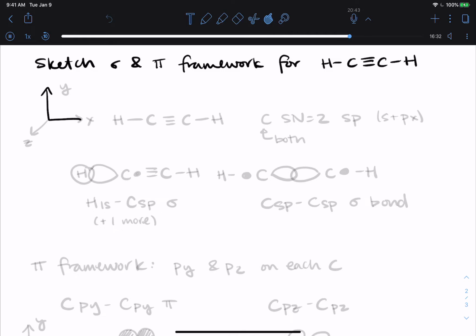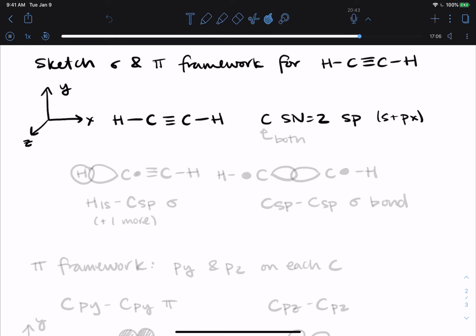If I put my molecule on my axis system, everything is along the x-axis for my sigma bonds. So on each carbon, both carbons have a steric number of 2. So I'm going to make sp hybrids, and they're going to be s plus px because the sigma bonds point along the x-axis.